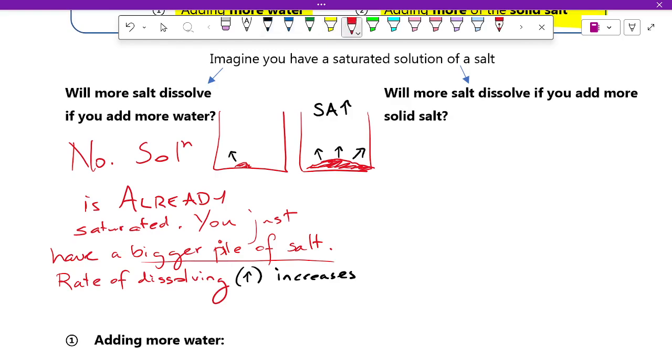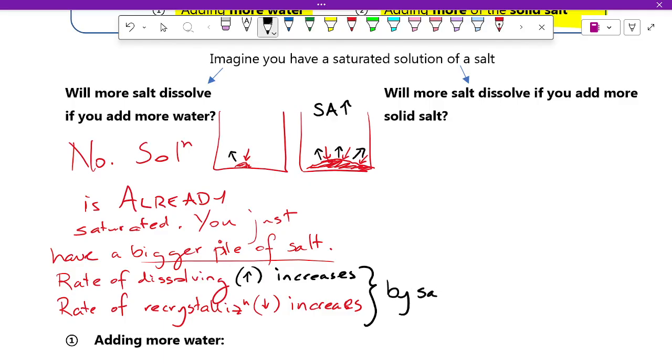What about the rate of recrystallization? And those are going to be up arrows. What happens when we have more surface area? More recrystallization, so you end up with an equal amount. So it also increases. And that's why it's still at equilibrium. They increase by the same amount. And therefore, there's no shift.